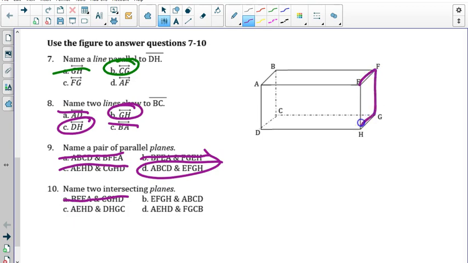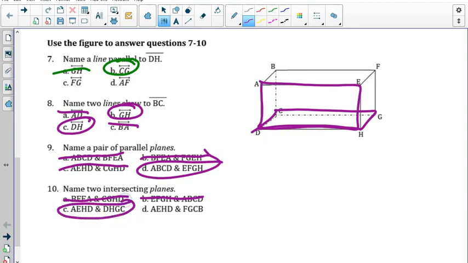EFGH, that's the right side. ABCD, left side, parallel. Not our answer. AEHD, AEHD is the front. DH, DHGC, that's the bottom. They are definitely intersecting.